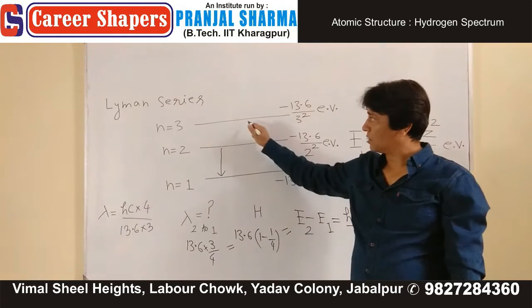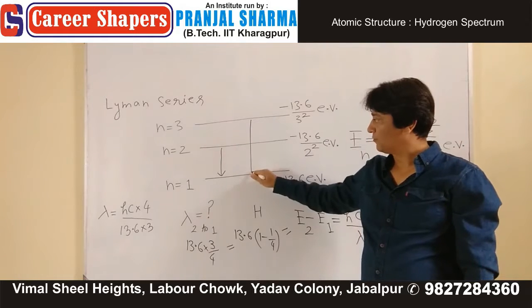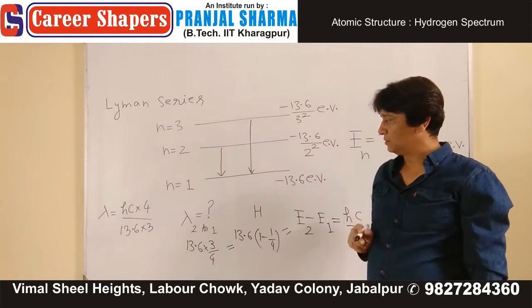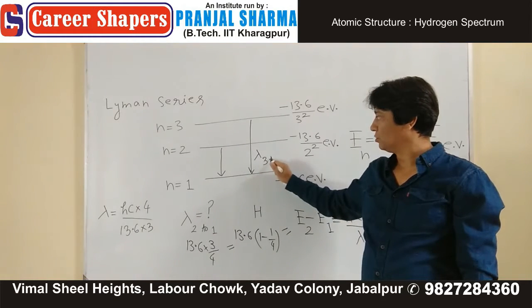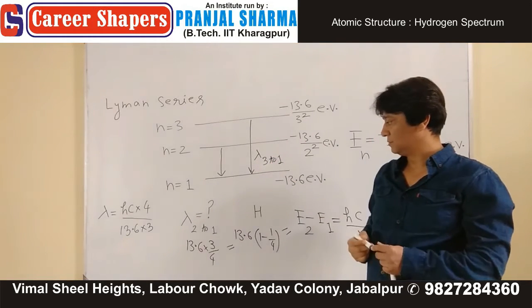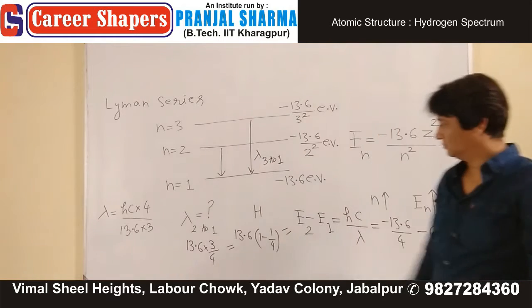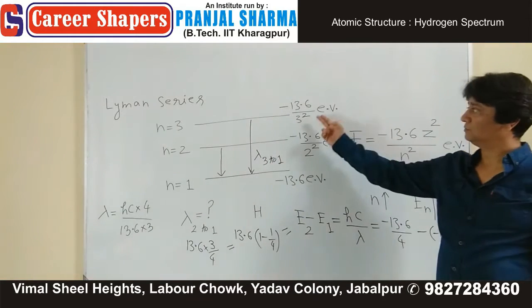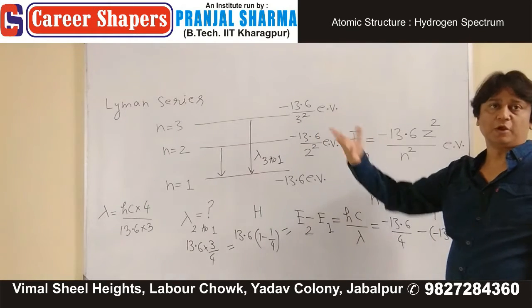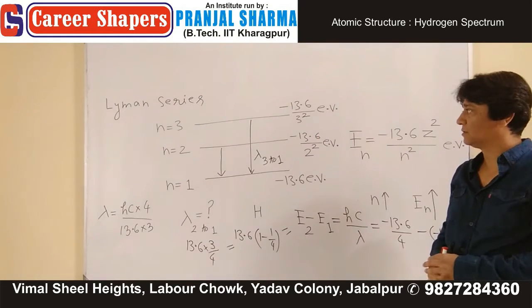If we go for a jump from 3 to 1, you will get lambda 3 to 1. Replace this 4 with 9 and you can find the wavelength.